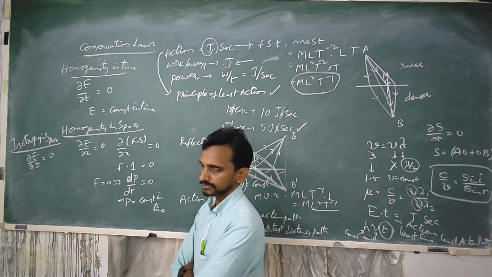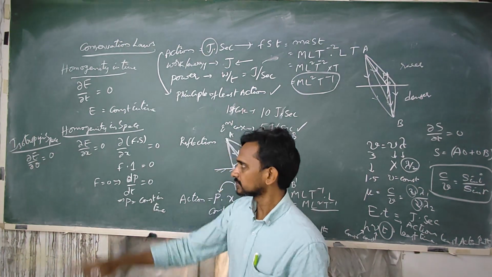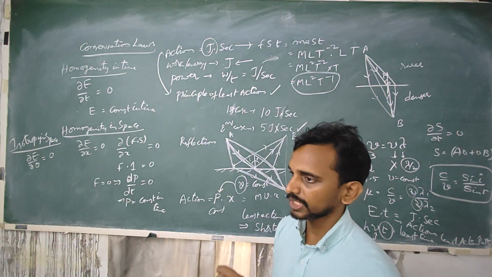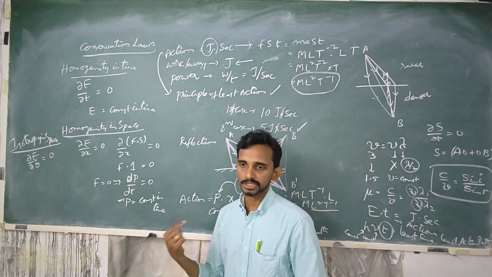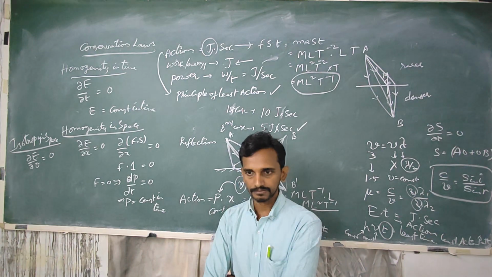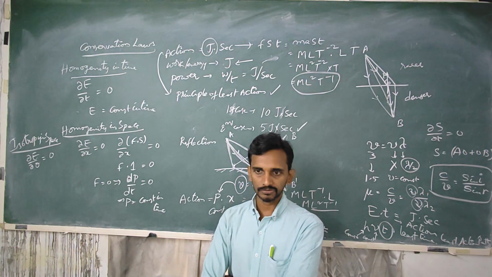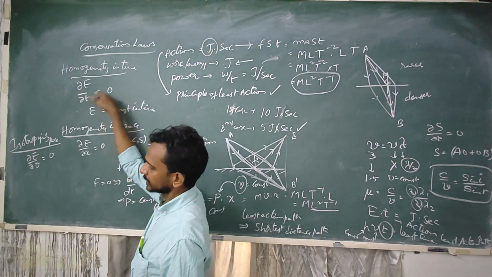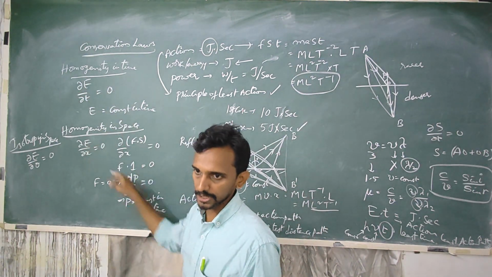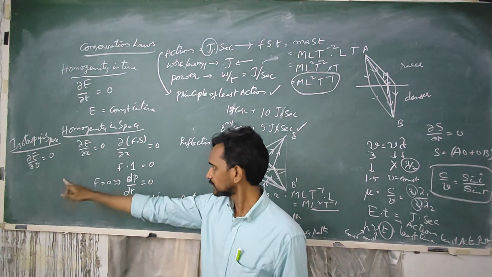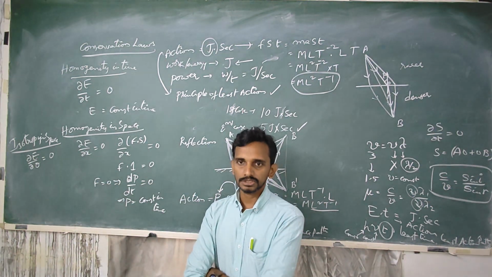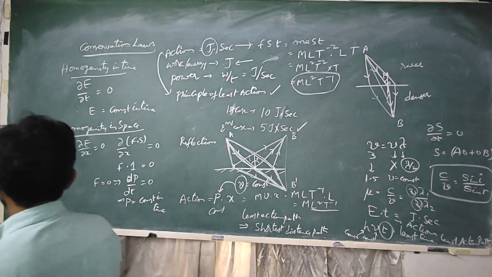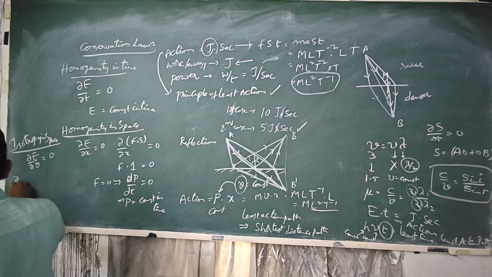Then what happens? We have to convert this into some function of time. If energy is isotropic in space, what remains constant in time? That is what we need to identify. If energy is constant in time, this is clear. If energy is constant in space, momentum remains constant. Here, energy is isotropic, so we have to develop some function of time.